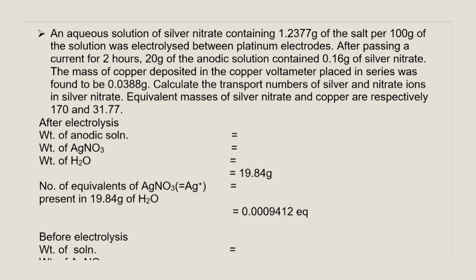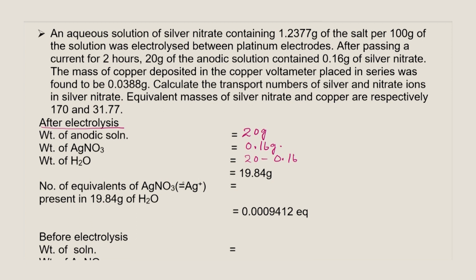Now, the weight of anodic solution, considering the case after electrolysis, was 20 gram. The weight of silver nitrate in that anodic solution is 0.16 gram. So the weight of water will be 20 minus 0.16, which is equal to 19.84 gram.